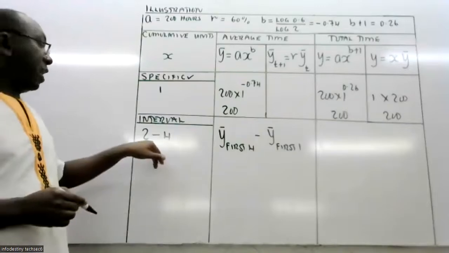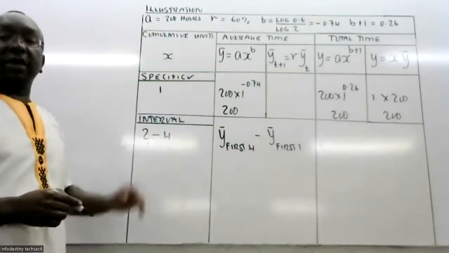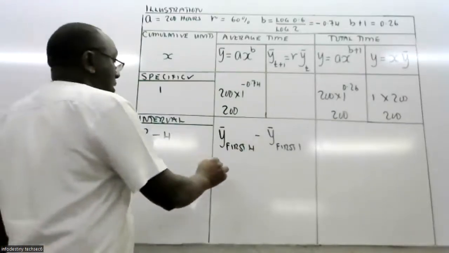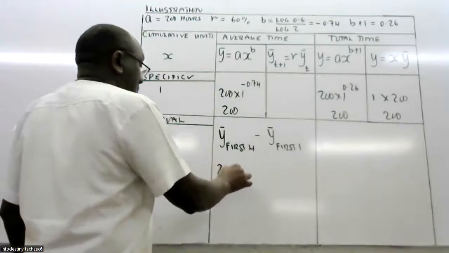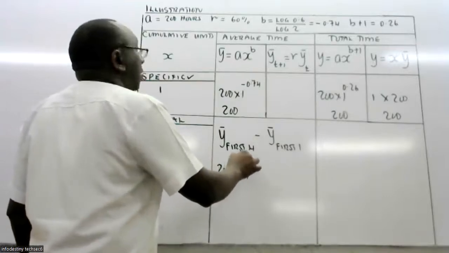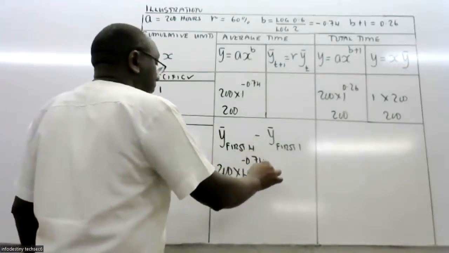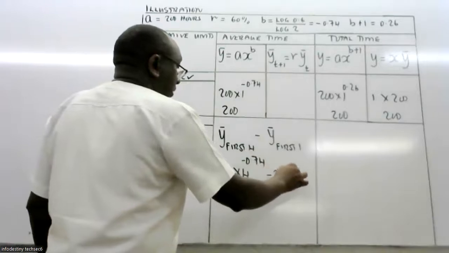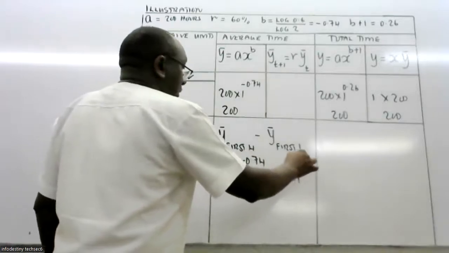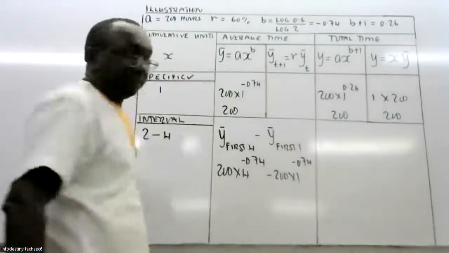Because we want the time to make that second, third, fourth. So now it will be 200 times 4 raised power minus 0.74 minus 200 times 1 raised power minus 0.74.